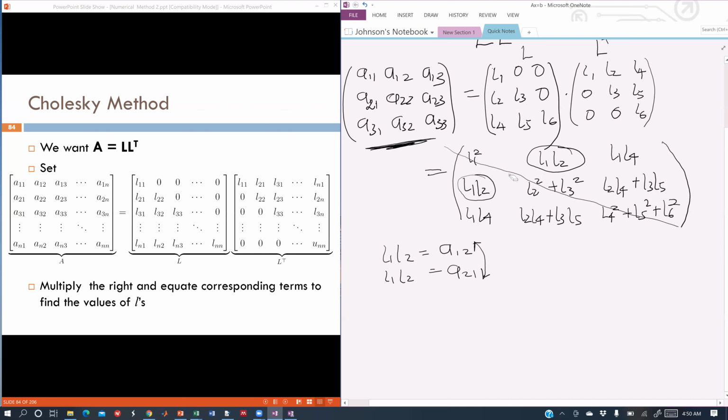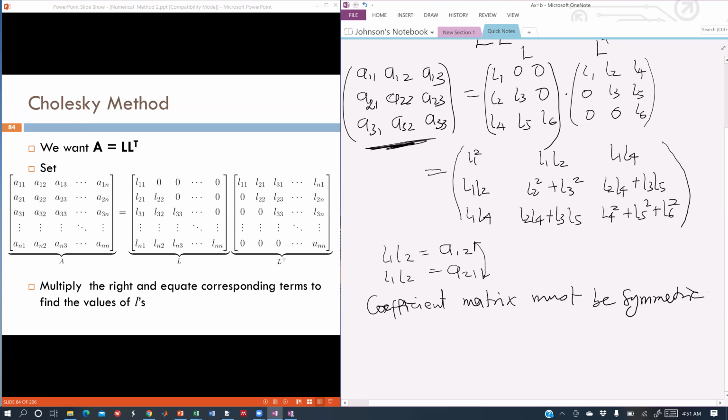So the first thing that we need to note is that the Cholesky decomposition, being a symmetric matrix after the multiplication, means that the coefficient matrix must be symmetric.